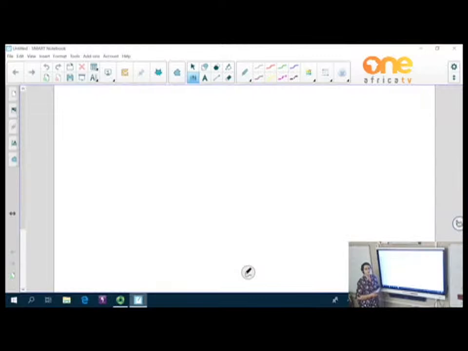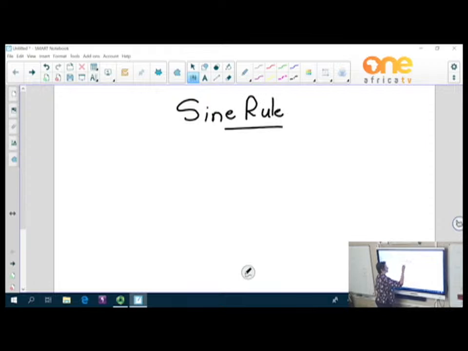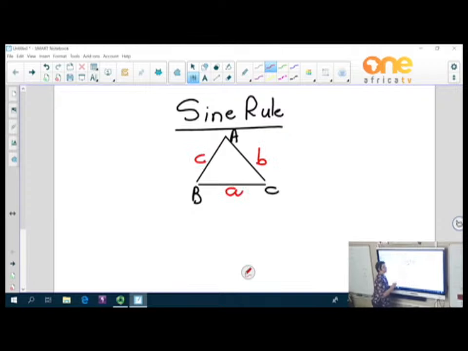Today we're looking at the sine rule. This is what we use when we work in any triangle. As we said in the previous lesson, the first thing you need to understand is that in triangle ABC, this is side a, this is side b, and this is side c.